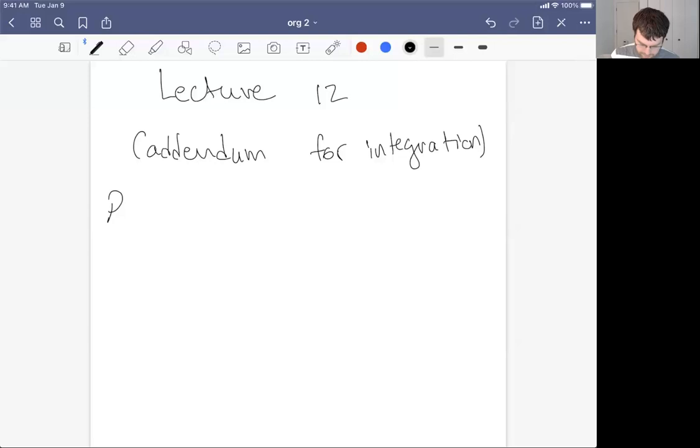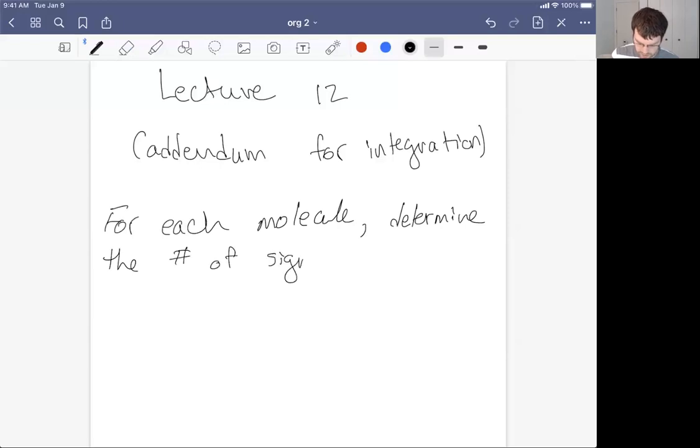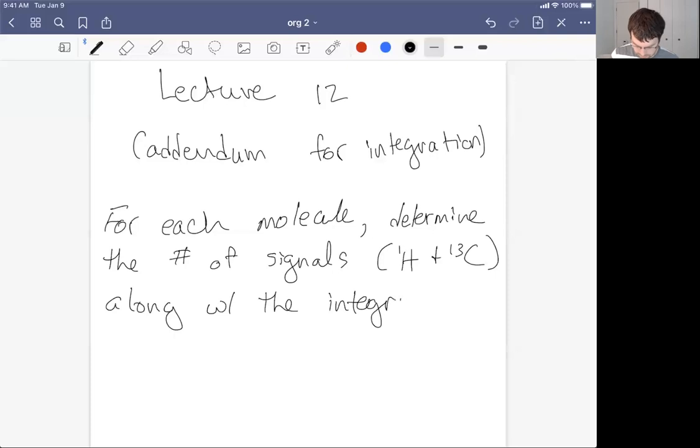And we'll keep this to just a few. For each molecule, determine the number of signals, and we'll do 1H and 13C, along with the integration for each 1H signal.